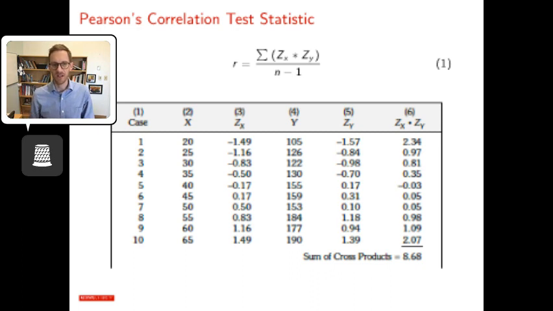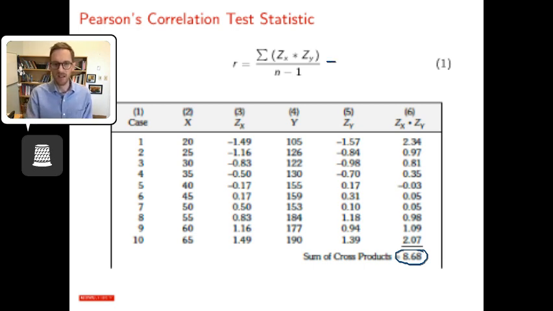And so you can see it's standardized from -1.49 to 1.49. And then I get information from a different variable, this is y, and that's also ordered from 105 to 190, but I take the z-score of that to standardize it, so now they're on the same distributional scale. And I multiply both of those z-scores, and I add them up. And so if you do all that, you get the sum of the cross product of 8.68.